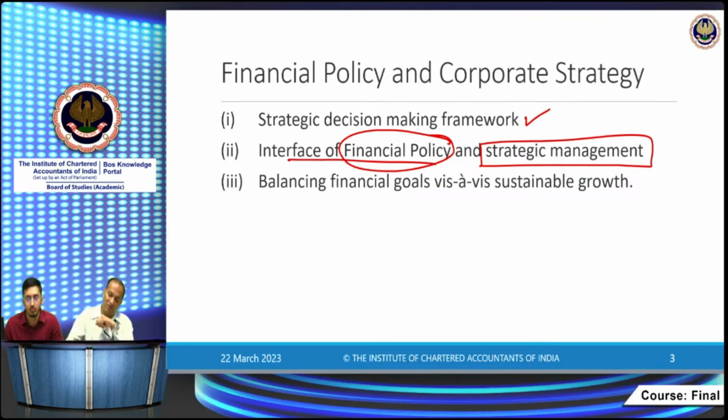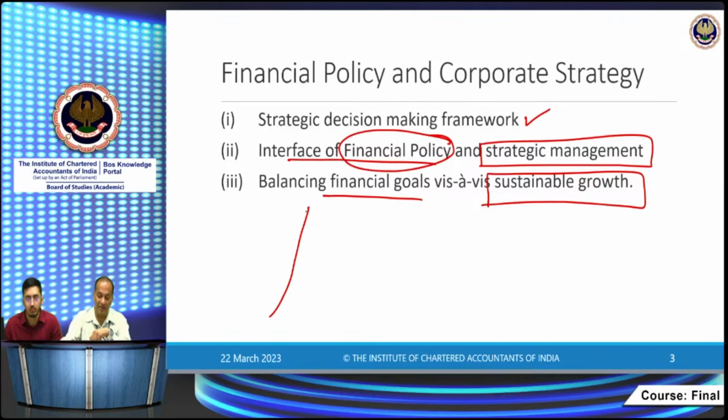Then we come to the next topic, financial goals versus sustainable growth rate. Sustainable growth rate has nowadays become very important. Whatever growth we are maintaining, it is very important that we should be able to maintain it. Because if you have higher growth in one year and then fall down the next year, it is not a good thing.